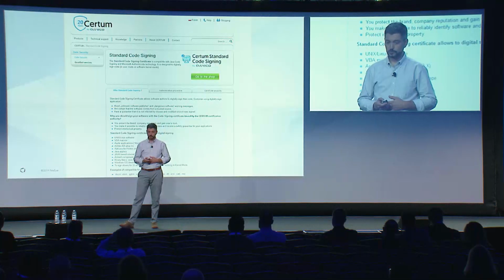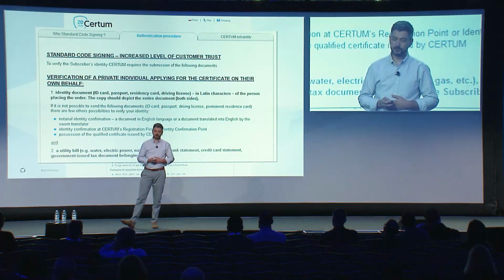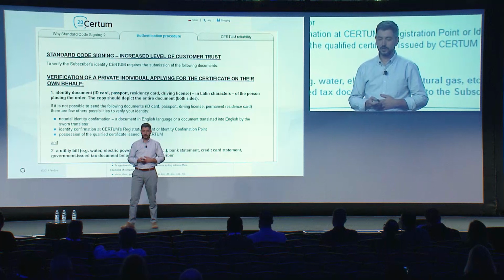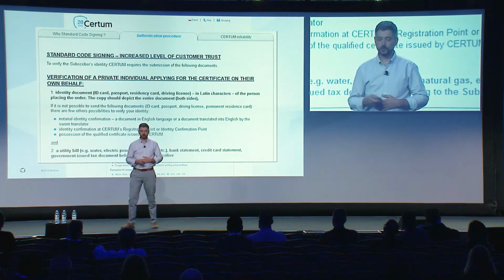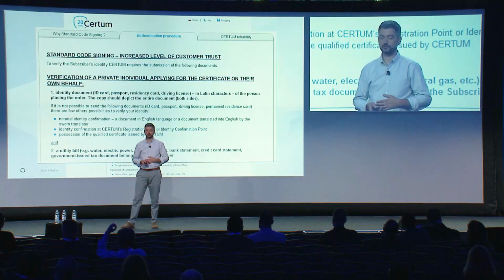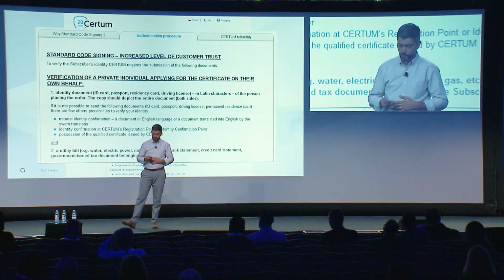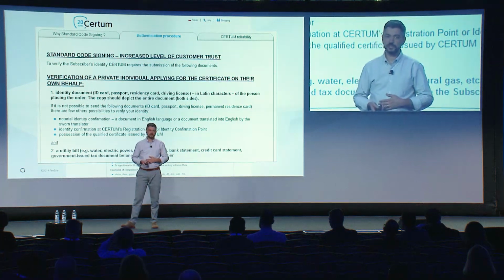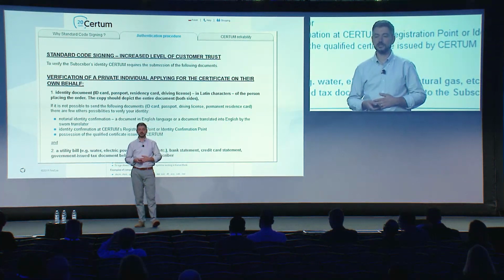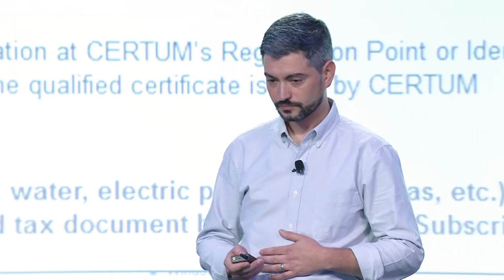And here's CERTM's current policy, also asking for both sides of an ID card. And if you can't get an ID card, we'll take a notarized letter, or you can come to a CERTM ID point and tell us who you are with a utility bill. All this stuff is pretty easy to fake, and it is up for debate how much validation CERTM is doing when they get this stuff.